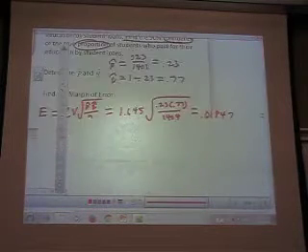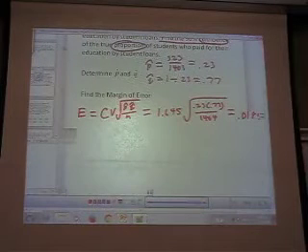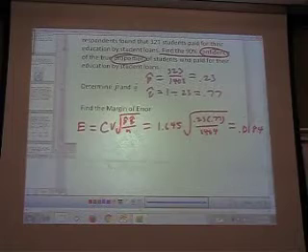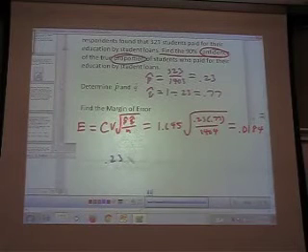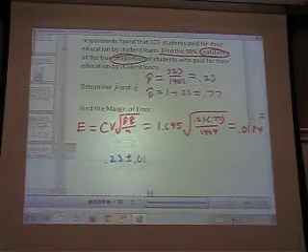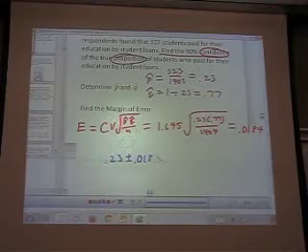Alright, so then when we do our second part here, we're going to do 0.23 plus or minus 0.0184.